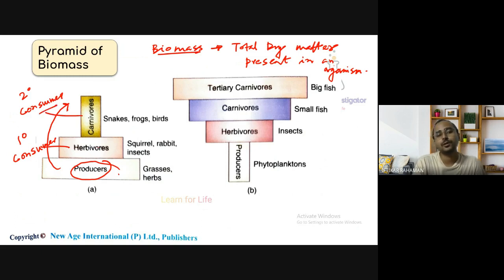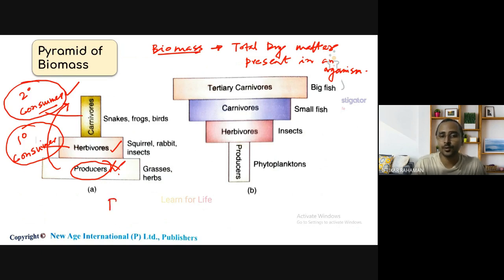The biomass of the primary consumer is less than producer, and the biomass of the secondary consumer is less than primary consumer.